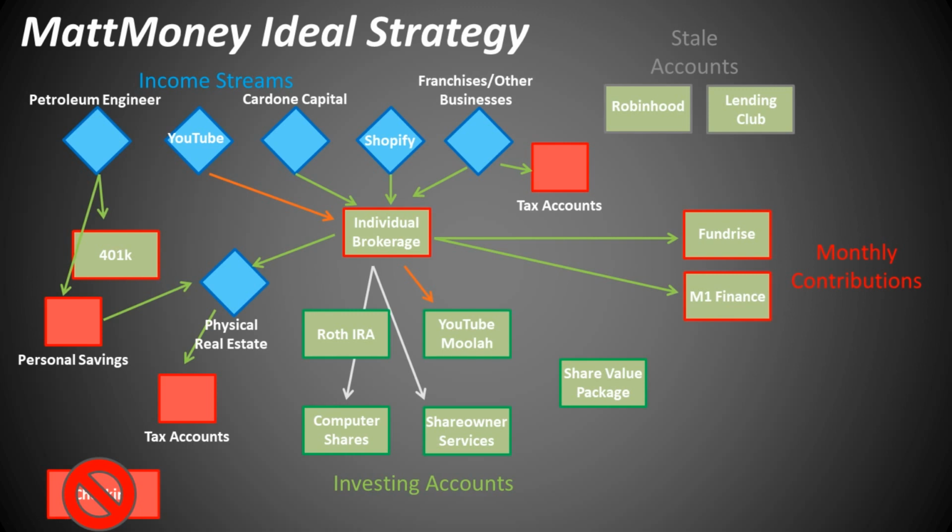But one of the things that I want to talk about with you guys in the future, and I might actually do this for the e-course as well, is how much I want to come from, say, my normal W-2 income, my Shopify income or online business income, my YouTube income, and my franchises and other businesses income.